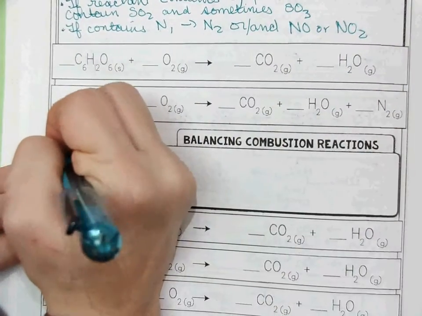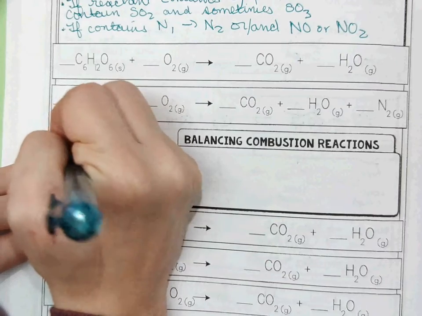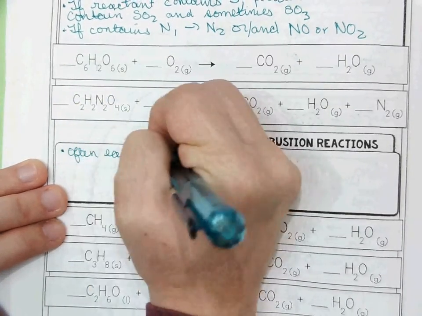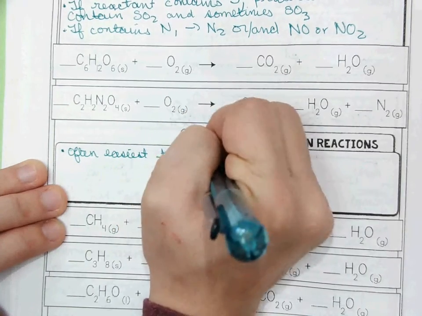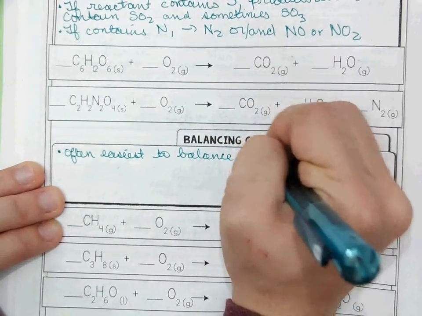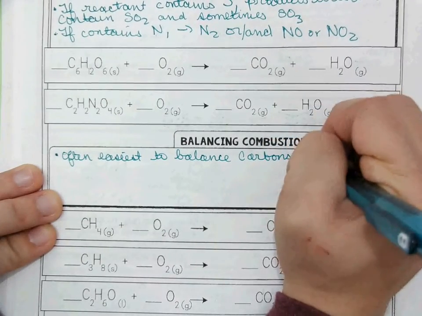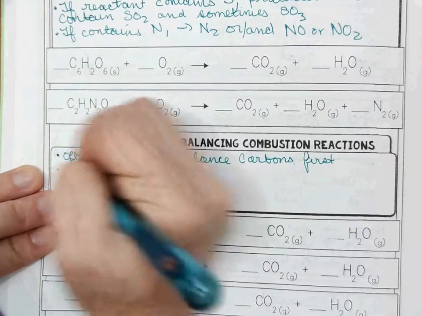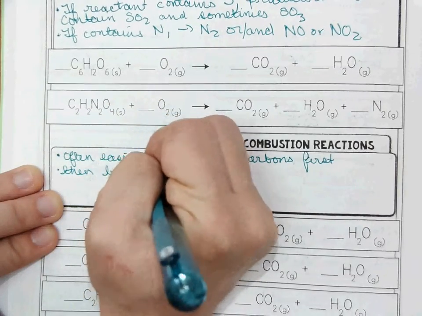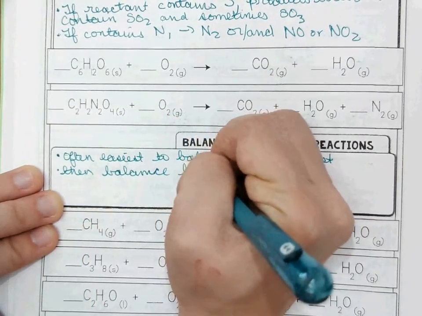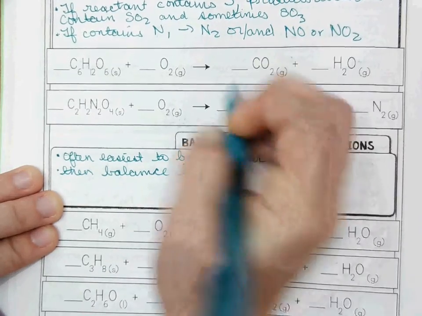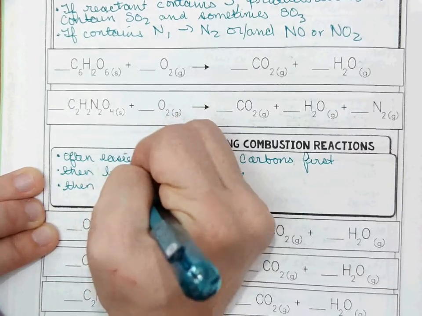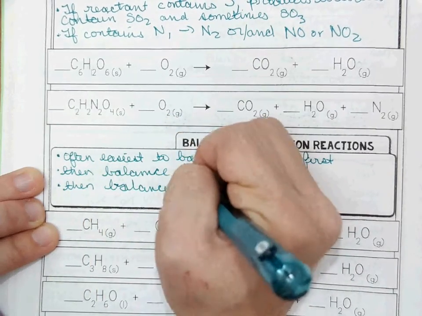All right, some hints. Often easiest to balance carbons first, then balance hydrogen, then balance oxygen.